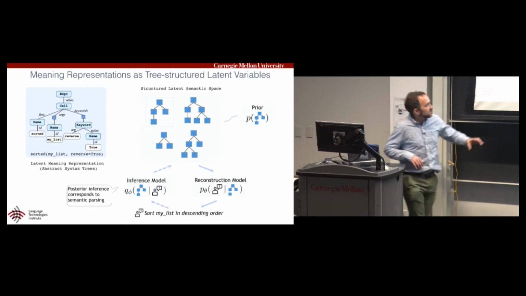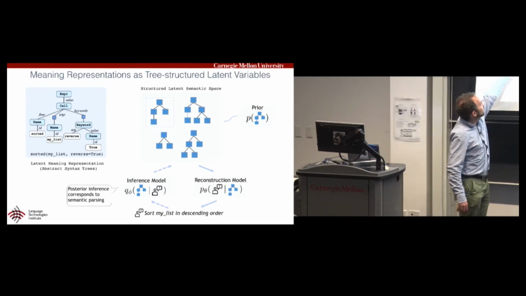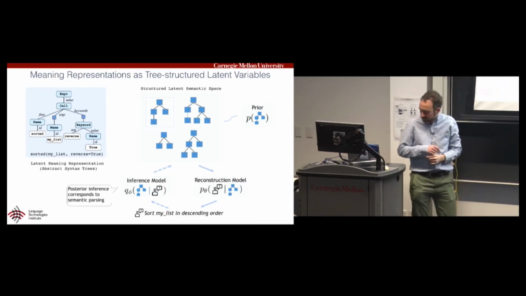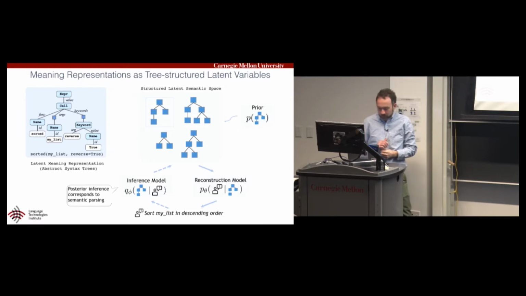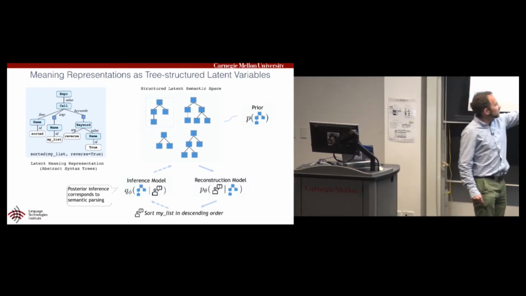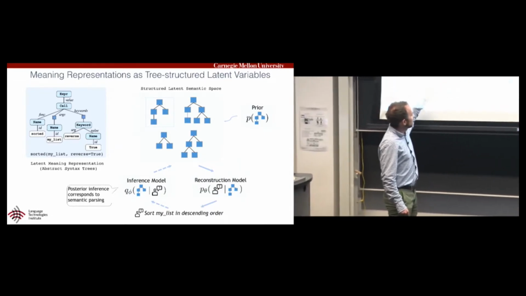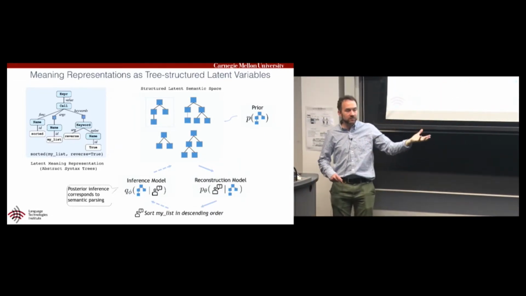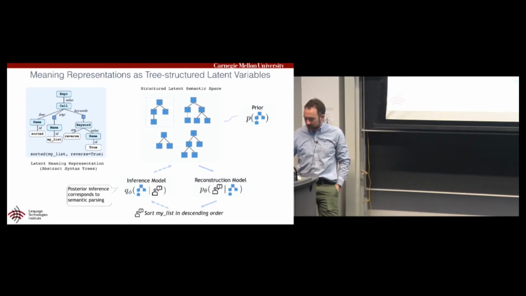I should stress that here specifically I'm talking about ASTs and programs, but this could also be applied to other types of tree structures as well. The posterior inference model here corresponds to basically a semantic parsing or code generation model. This is the thing that goes from an utterance to the actual structure that we want to have.